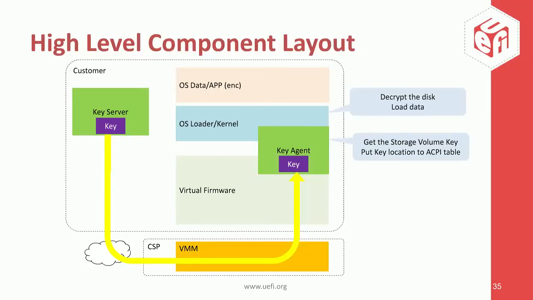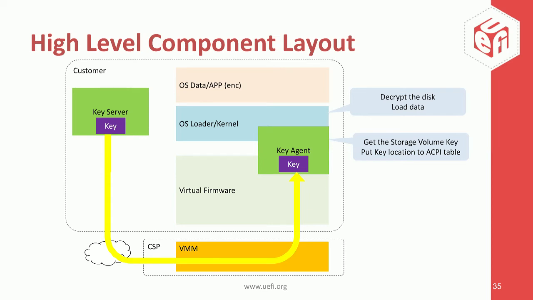This picture shows a high-level component layout of how we support the disk encryption solution. First, we need a special key agent driver inside of the TD. It can talk to a remote key server. This key agent driver can get the storage volume key from the key server and pass the key information to the OS loader or OS kernel.